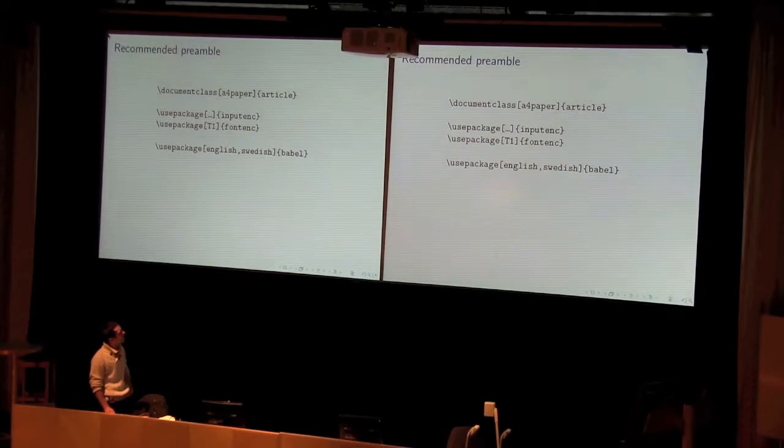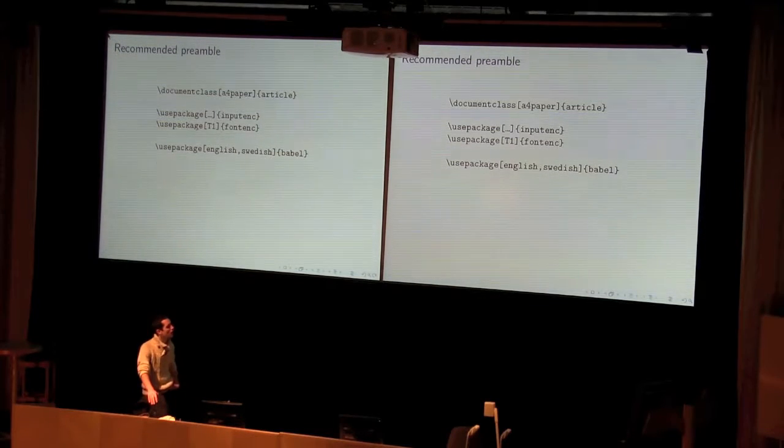Okay. Then this is for most of you: the package called Babel. You might know some things about the myth of Babel. It's about languages. It's how LaTeX will support languages.